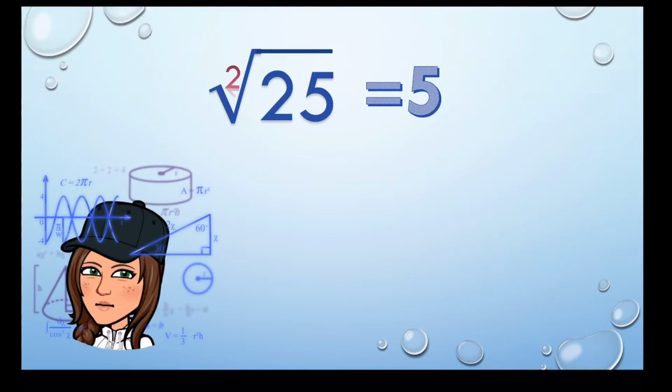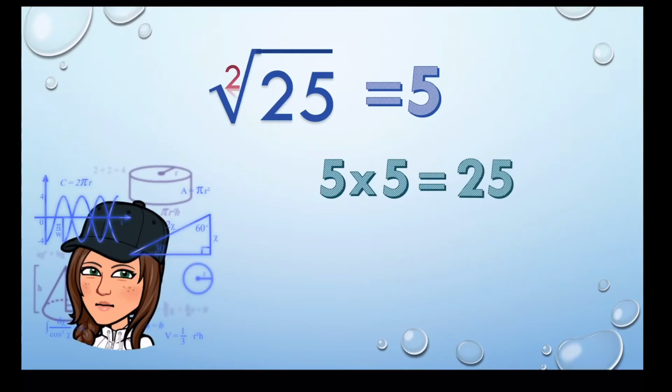So that's why we say, okay, 5 times 5. That's what gives us 25. So when it's a square root, we're looking for two things being multiplied, and those two things being multiplied are always going to be the same number.